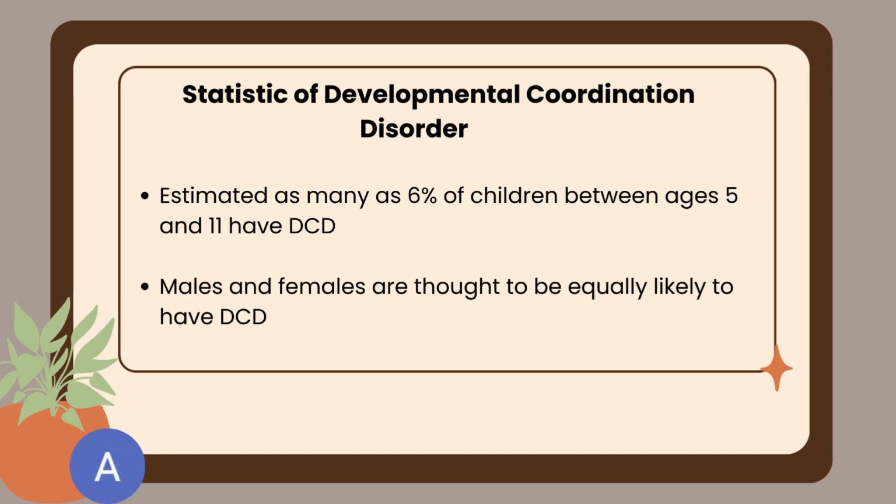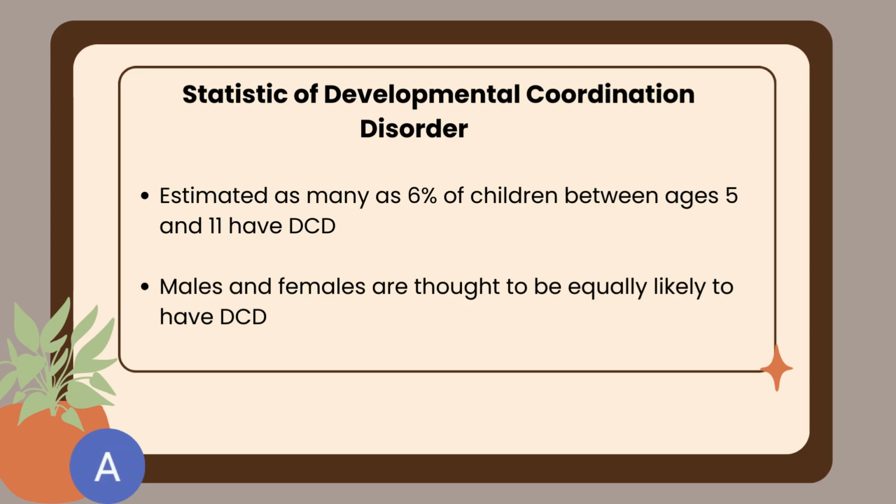Now about the statistics of developmental coordination disorder. The statistics show that an estimated 6% of children between ages 5 and 10 have developmental coordination disorder, which means the population is large among young children.